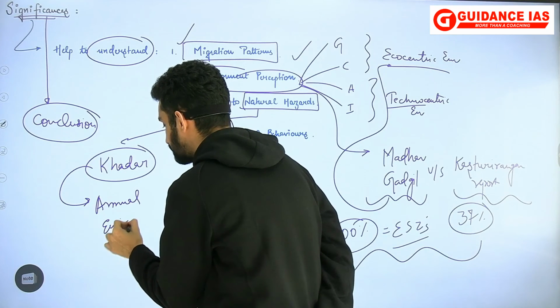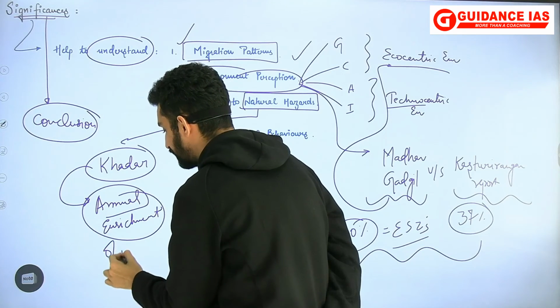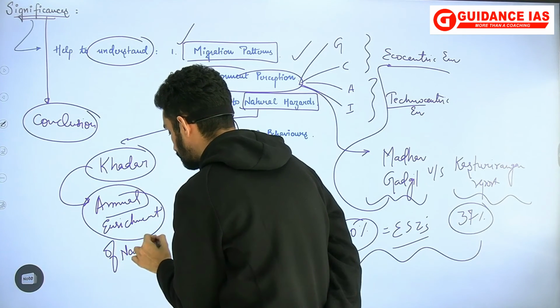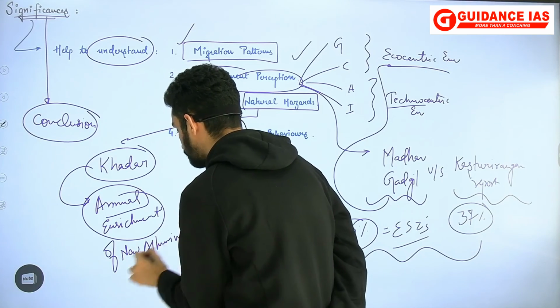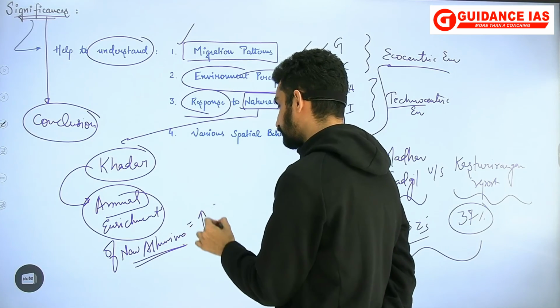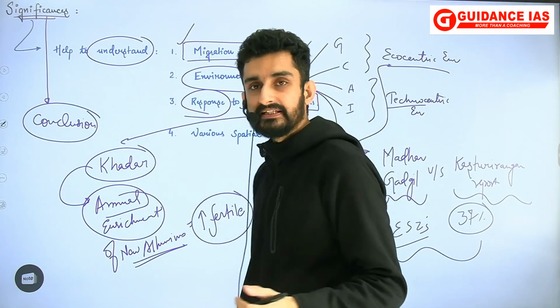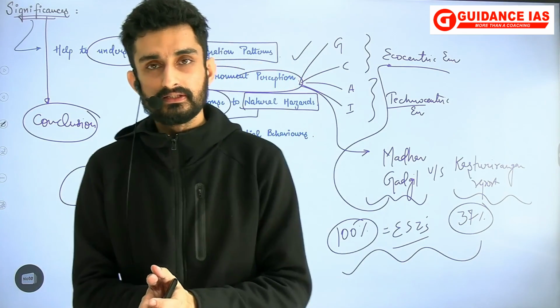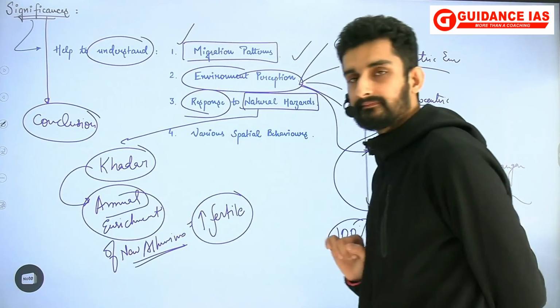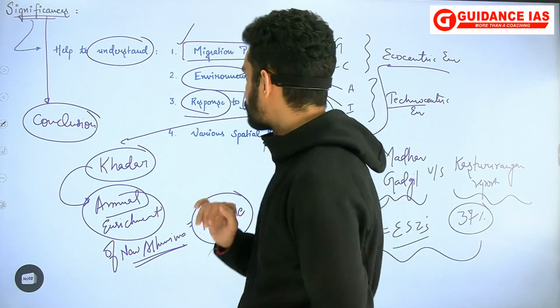This annual enrichment of new alluvium makes this particular area more fertile, and as a result some people live in these vulnerable zones of Khadar in the Indo-Gangetic plains. At the same time, there are certain people who are living on the Bhangar areas. So that can be one thing.